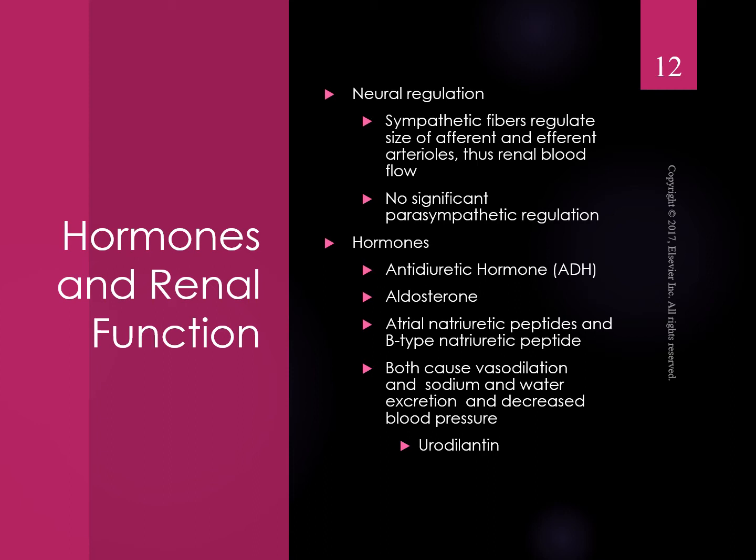Both cause vasodilation and sodium and water excretion and decrease blood pressure. Then we get urodilatin, which is a renal natriuretic peptide produced by cells in the distal tubule and collecting duct. It increases renal flow, causing diuresis.